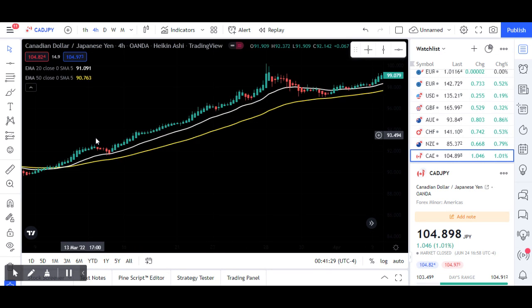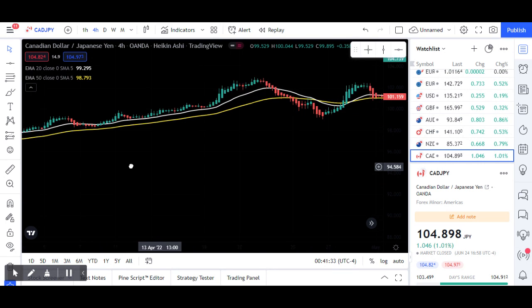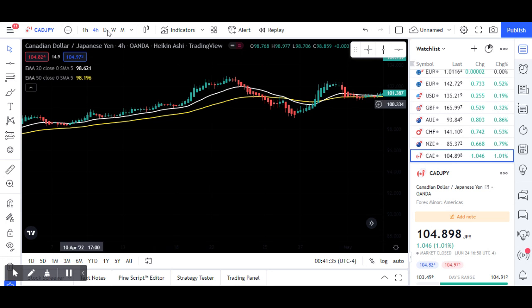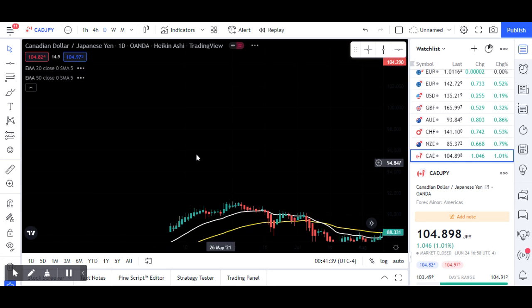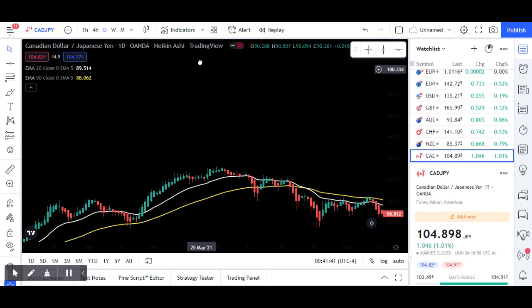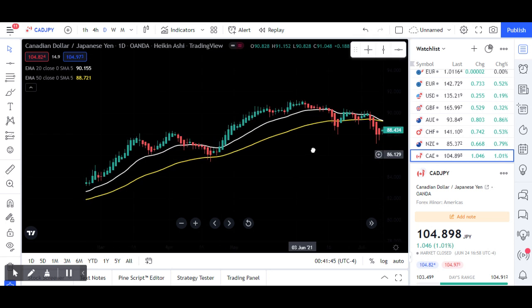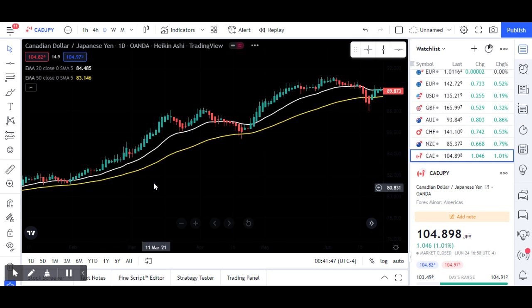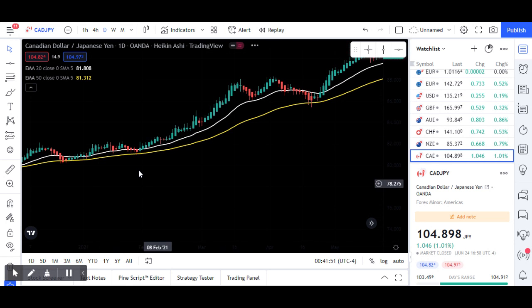So with this, before you even look to enter, you would go on the higher time frame on the daily just to confirm it is an uptrend or it is a downtrend. Right, so this was the long one that we were looking at. And as you can see, it's making higher highs and higher lows.